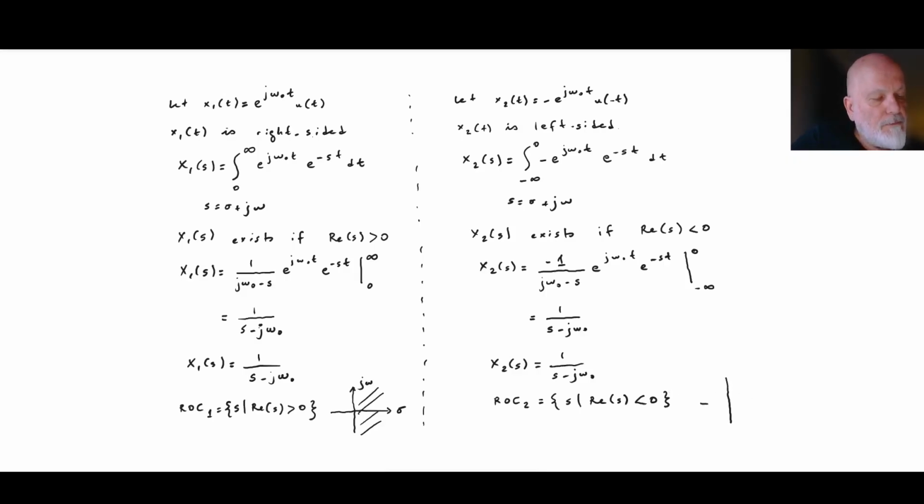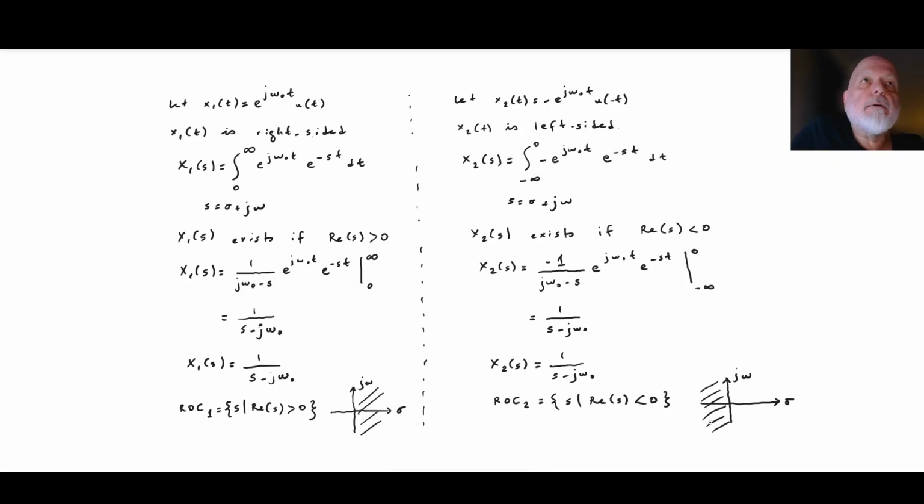In other words, if we plot the s-plane, the region of convergence will be the half plane, sigma less than 0. Okay, so for the complex exponential signals, we have this result.